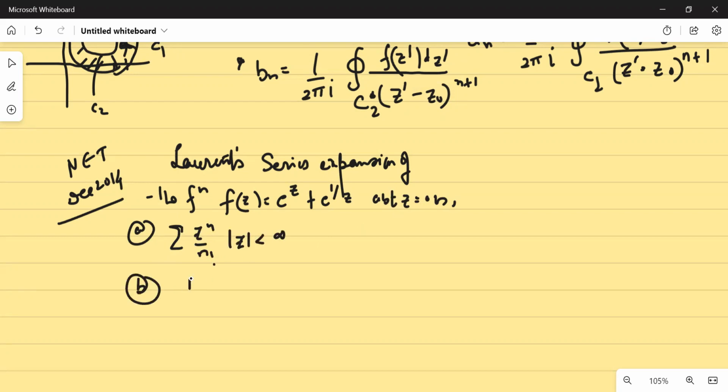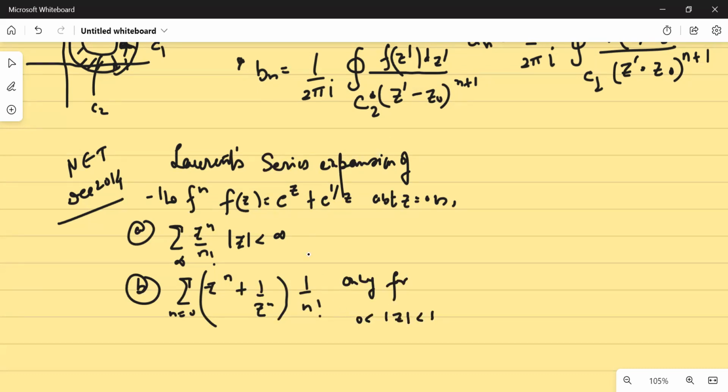Option B was summation n equal to 0 to infinity of z raised to power n plus 1 upon z raised to power n, whole multiplied with 1 upon n factorial, only for mod z less than 1 and mod z greater than 0.